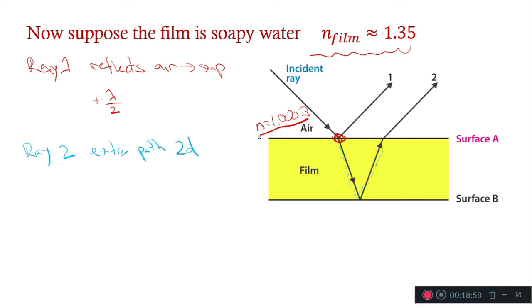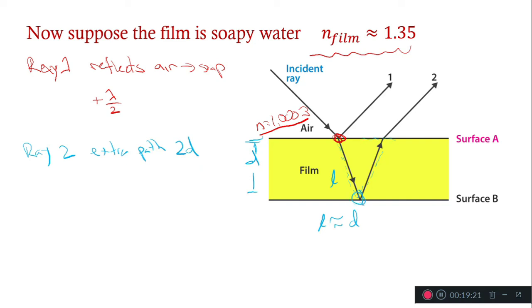These pictures like the Young's double slit experiment are really exaggerated to show you effectively what's going on. What's true is the length that this thing actually travels for a thin film is about equal to D. So we'll just call it D, the thickness of the film. And it also does one reflection, so there's no reflection back at surface A again. This is the only reflection.